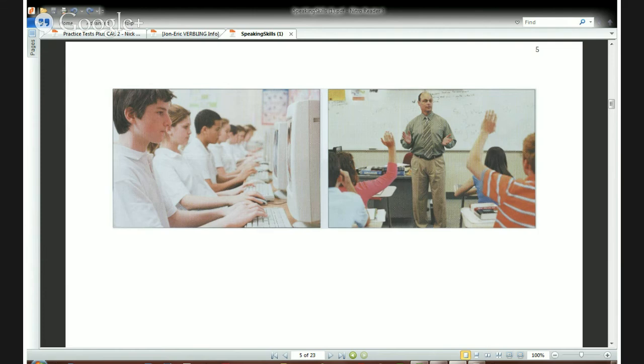Since we're looking at a picture, we could use the present tense, and no one would complain. So I'm going to use the present tense because that's what a native speaker would probably do. Grammatically speaking, it's a little questionable. But anyway, I'd imagine they are keen on developing their computer skills.